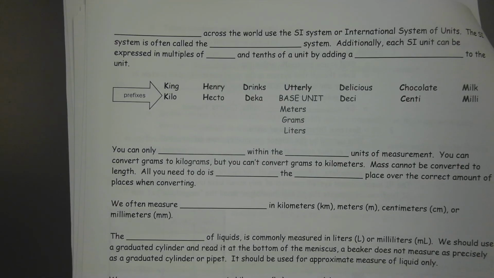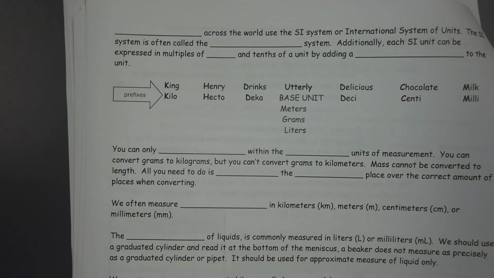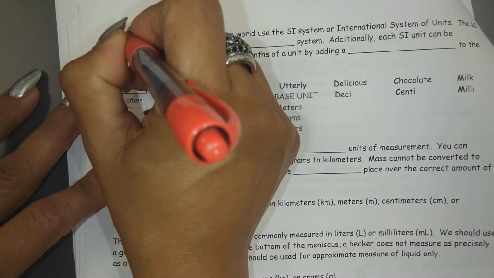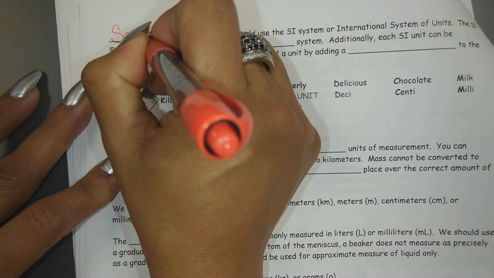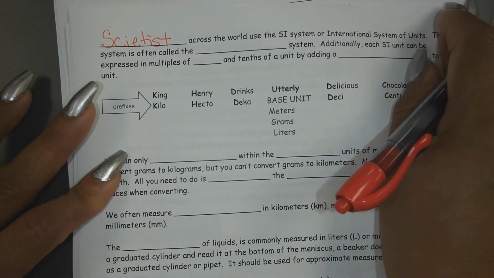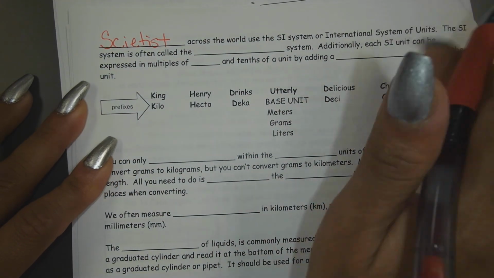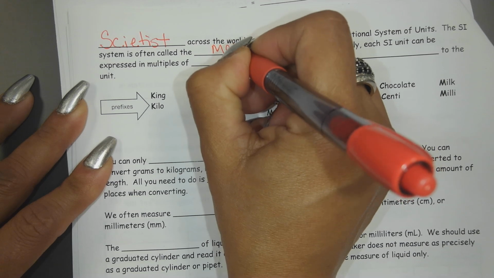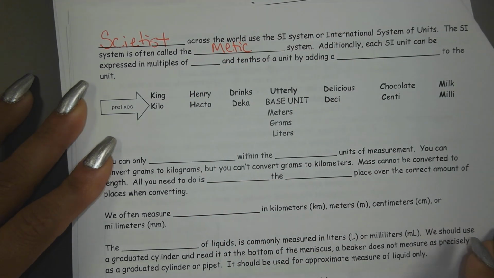That's how I remember it because it's too much for me to keep in my head. It says over here in our notes that the scientists and the science community decided to agree in the whole wide world that we are all going to use the metric system when we're talking about anything science related.